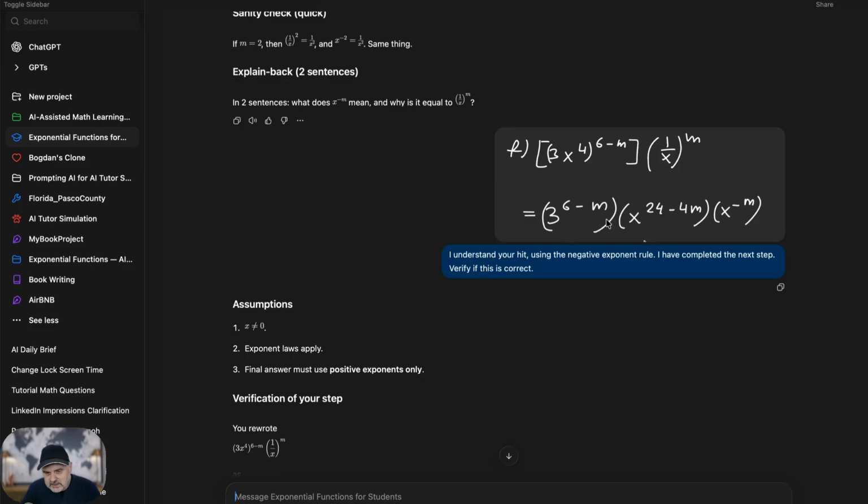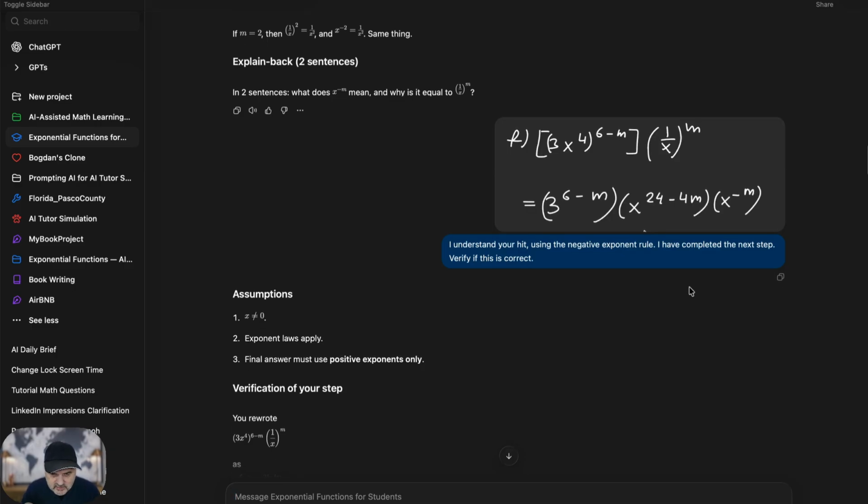I did that, and also I did separate variables, so variable from coefficient: number 3 with this exponent, variable x with the second exponent, and that statement 1 over x to the power of m, I converted into an expression x to negative m, as it was hinted in the conversation just above.